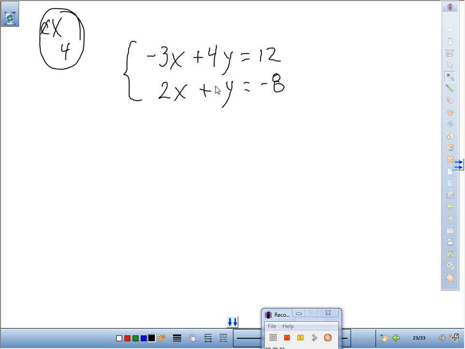So now let's look at the y. Can we eliminate the y's? Pay attention. Stop what you're doing. We can't because they're both positive. However, what could this be in order to cancel this one? Negative. So that means we're going to multiply this entire equation by negative 4, and then we know what to do from there. Is that correct?